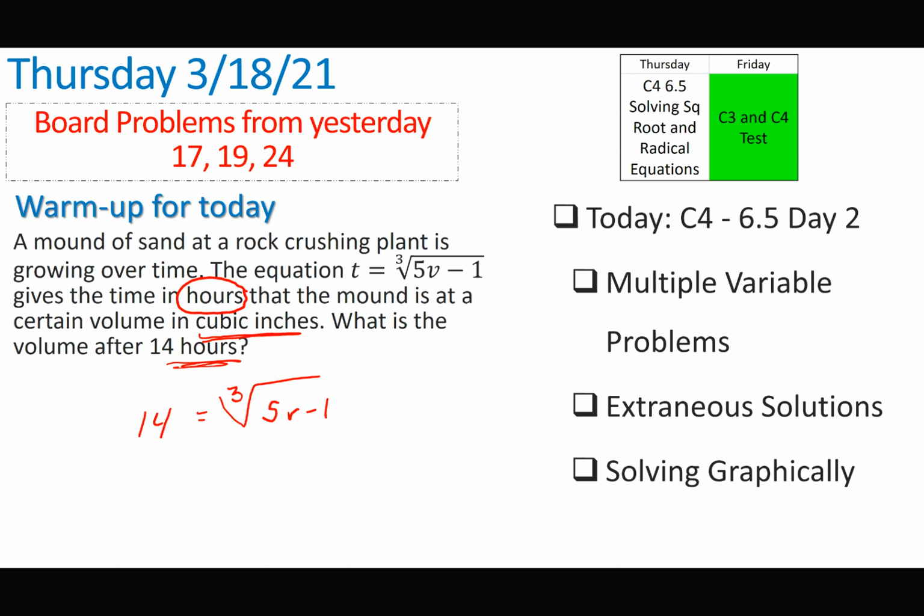All right, so to undo this, I can cube each side. When I cube each side, see, I've got my calculator on this one.